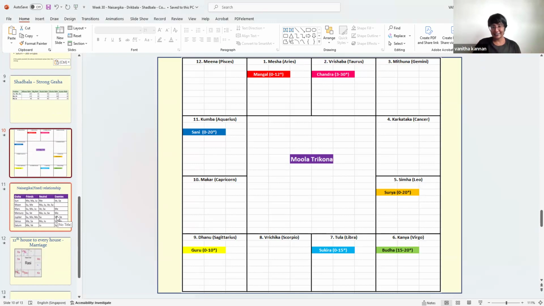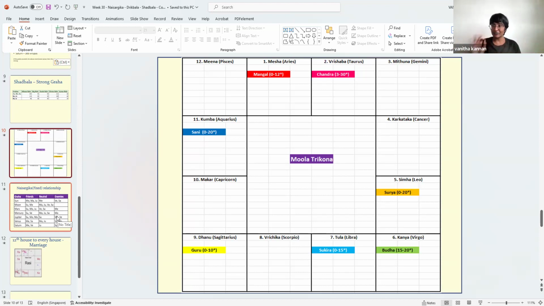This one is really interesting. This is about the friends and the enemies. Who are the friends to the graha? Who are the enemies to the graha? They call it Naisargika friendship or relation. Naisargika means this is the fixed one. This relationship among the grahas won't change regardless of whoever's chart you are seeing.